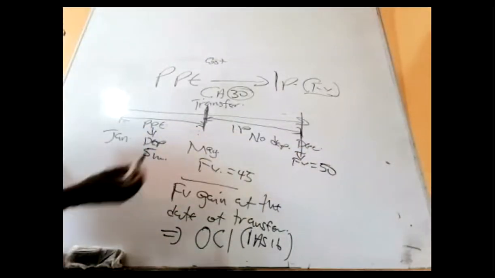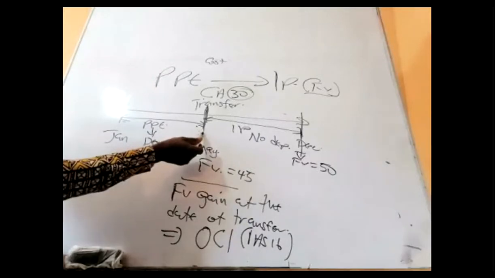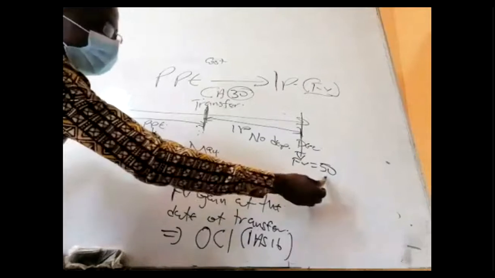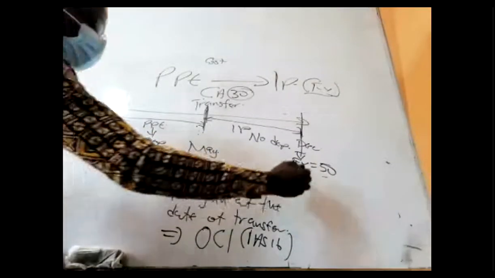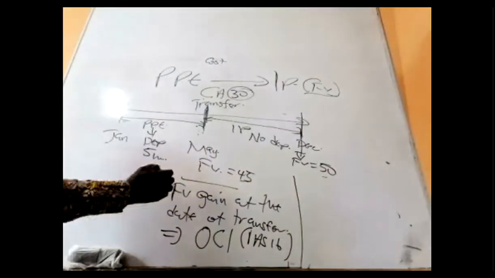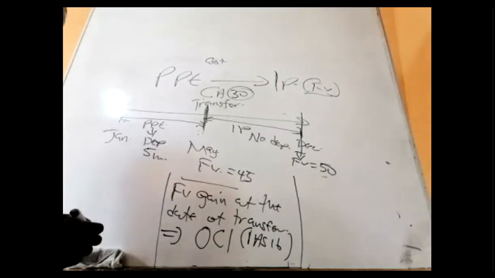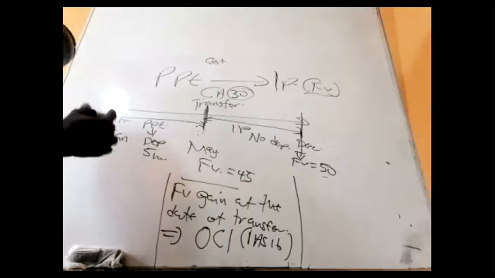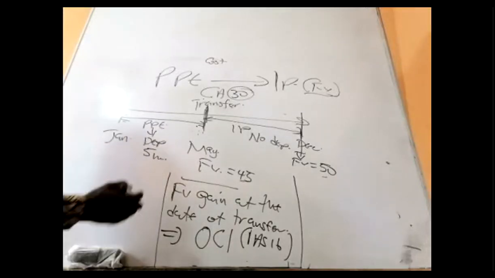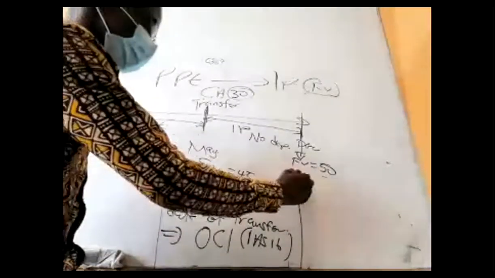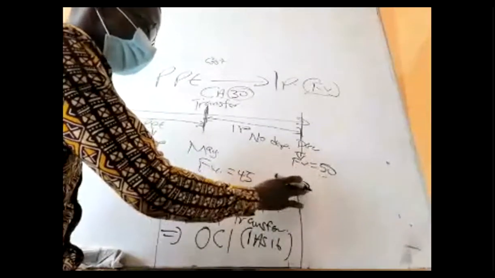So now, we need to compare the fair value that was here, which is 45, against the 50. These two treatments, in fact, you have to use a red pen and repeat this section over and over 10 times. We have fair value 1 and fair value 2.